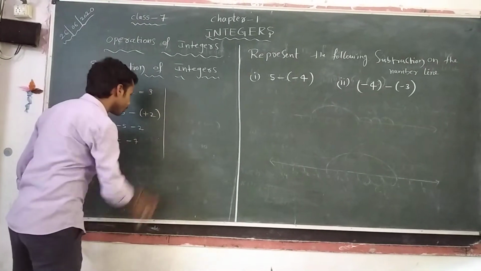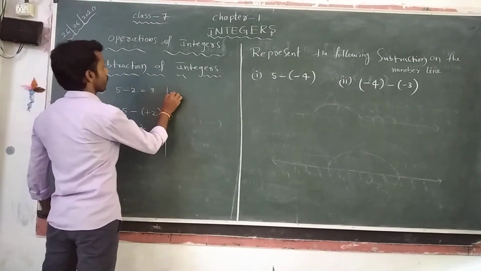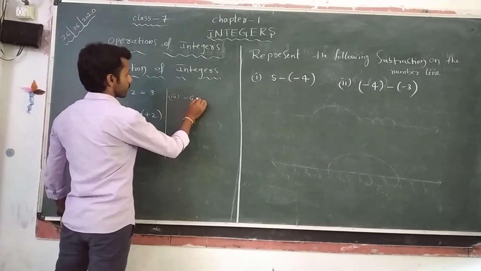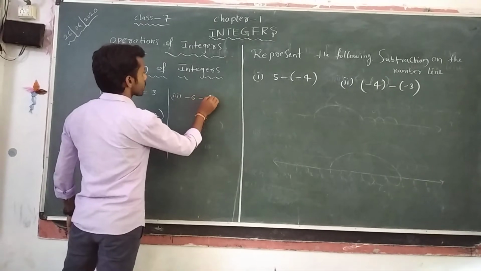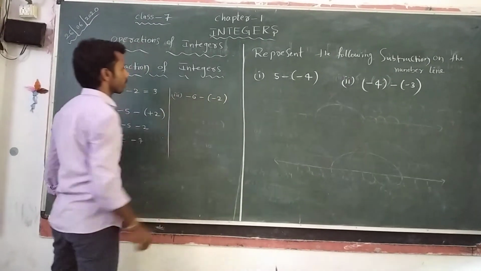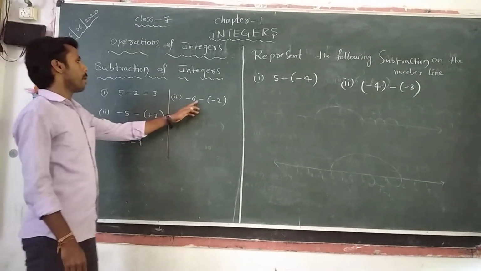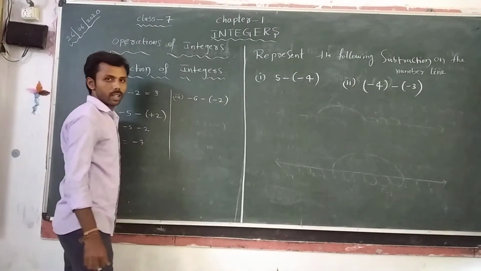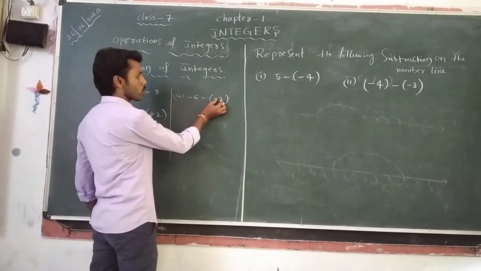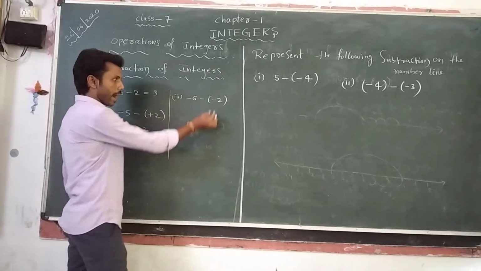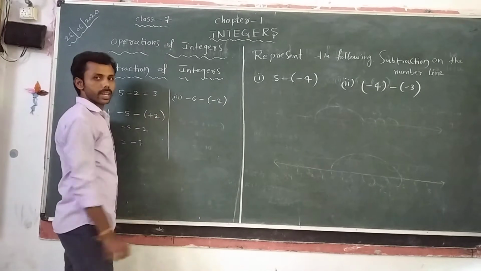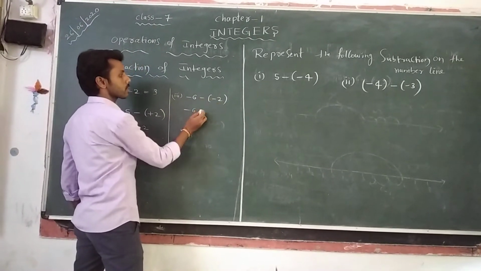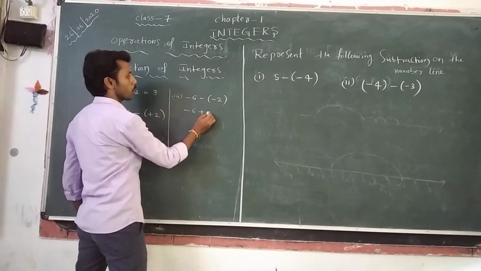Another example: minus 6 minus minus 2. Minus 6 is a negative integer and minus 2 is also a negative integer. So minus 2 is subtracted from minus 6. So minus 6 minus minus 2 becomes minus 6 plus 2.